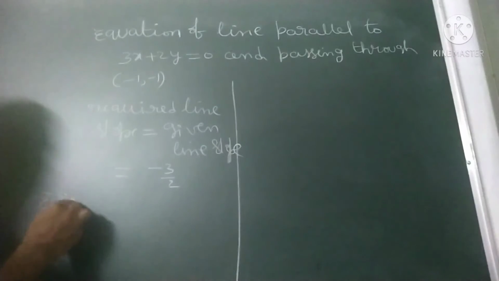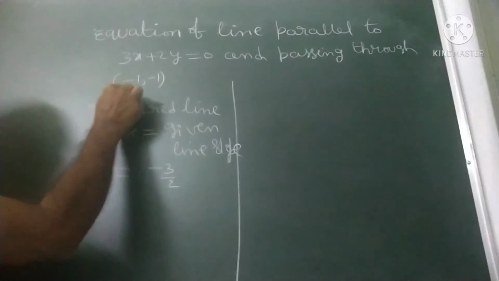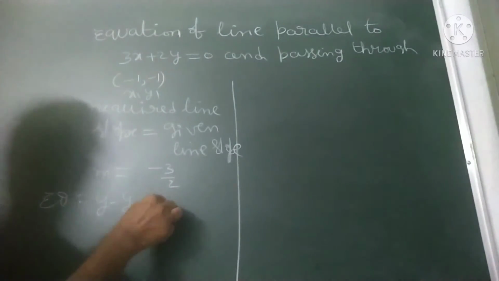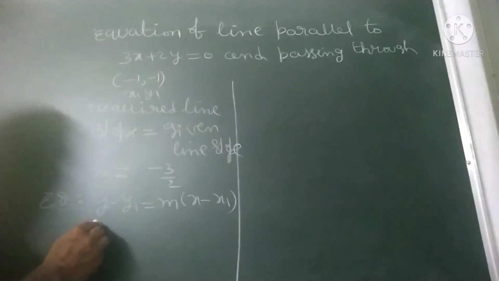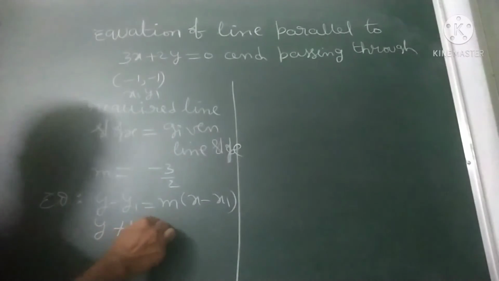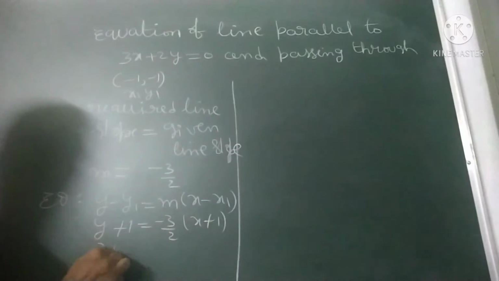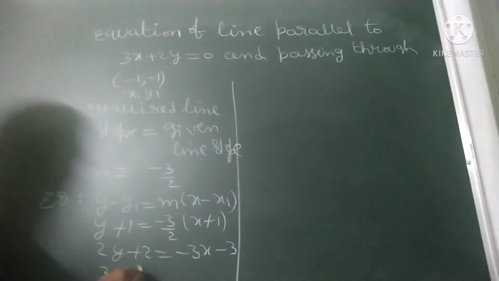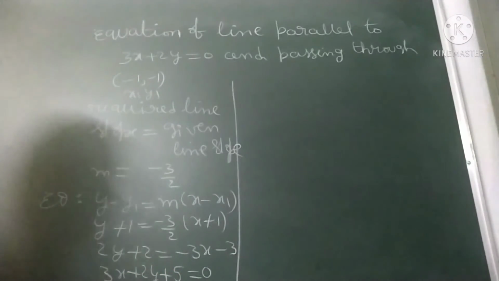Now the equation of a line with slope m and point (x1, y1): y minus y1 is equal to m into x minus x1. So 2y plus 2 is equal to minus 3x minus 3. Transfer this side: 3x plus 2y plus 5 is equal to 0.